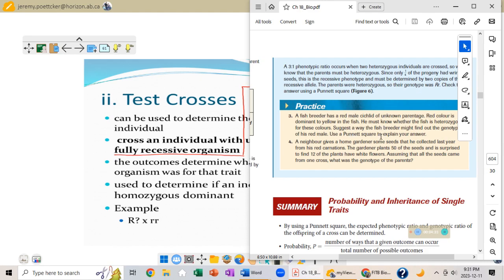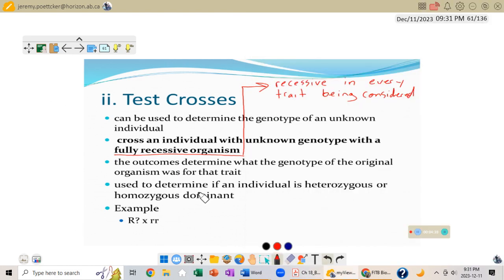Suggest the way the fish breeder might find out the genotype of his red male. Use a Punnett square. And so what we're looking at there is, if I have this red male, it's going to be big R and a question mark, and that's what I've got down at the bottom here. We're going to cross that with a fully recessive organism, so little r.